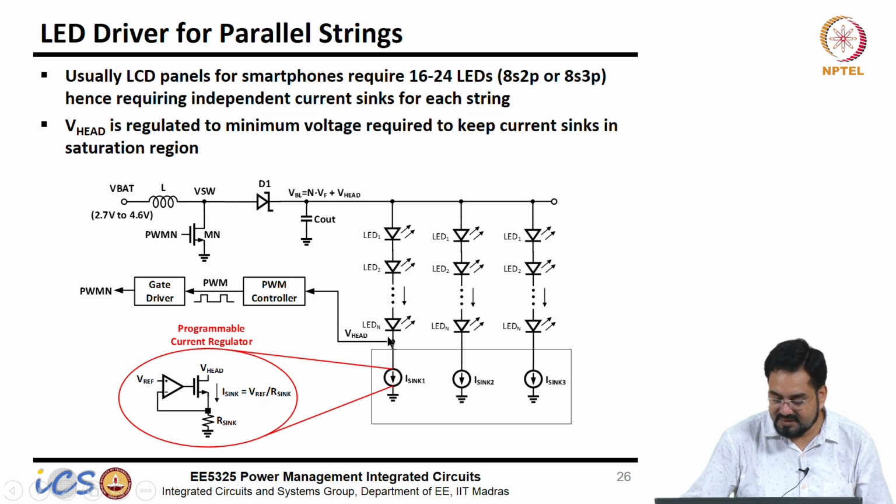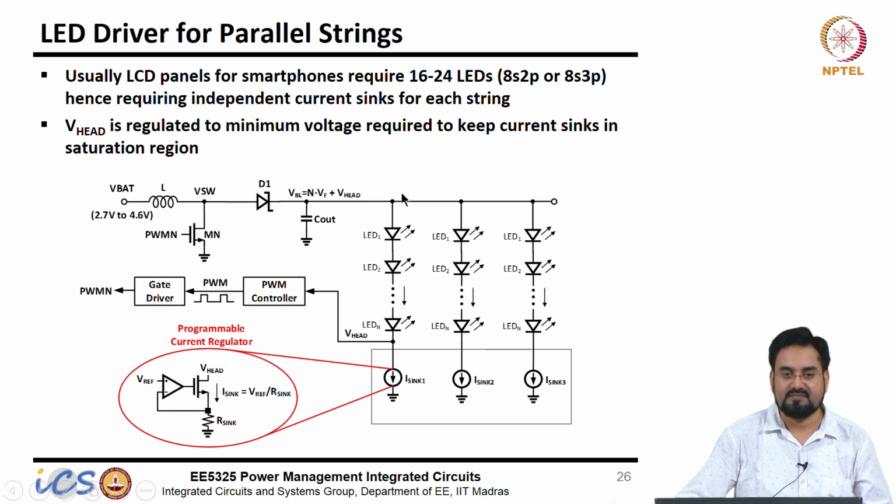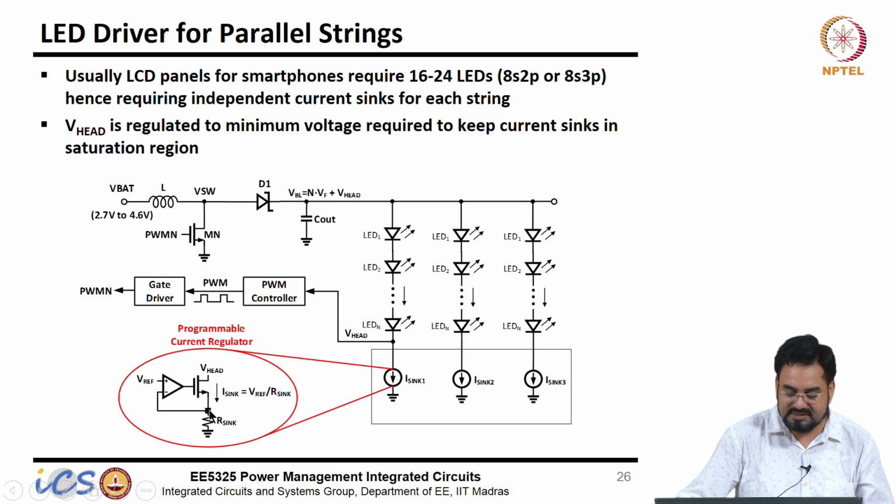That is why we take the feedback from here, and depending upon the minimum voltage which is required to keep this current regulated, it will only boost up to that voltage. So it automatically takes care. Let us say this Vref is 100 millivolt, and the extra VDS voltage required by this MOSFET is another 400 millivolt.